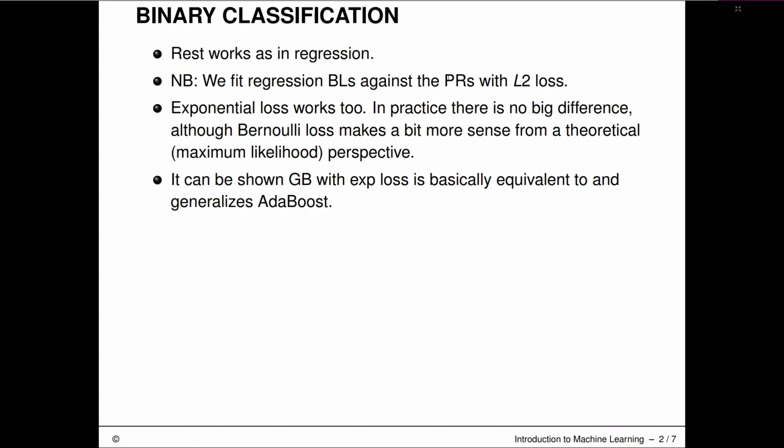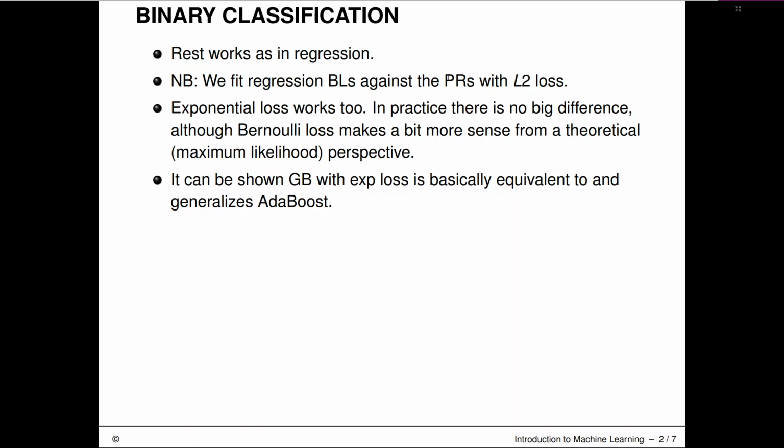If we use the exponential loss, we can also show that gradient boosting with exponential loss is basically equivalent to Ada boosting. So we can see gradient boosting as kind of a straightforward generalization of Ada boost. There is quite a lengthy discussion in literature whether this argument is simplifying things a little bit too much.